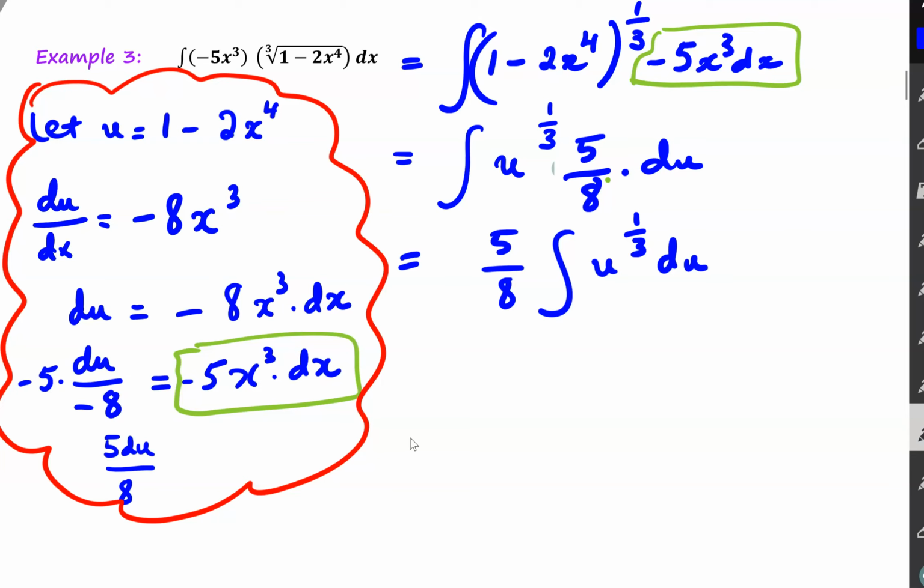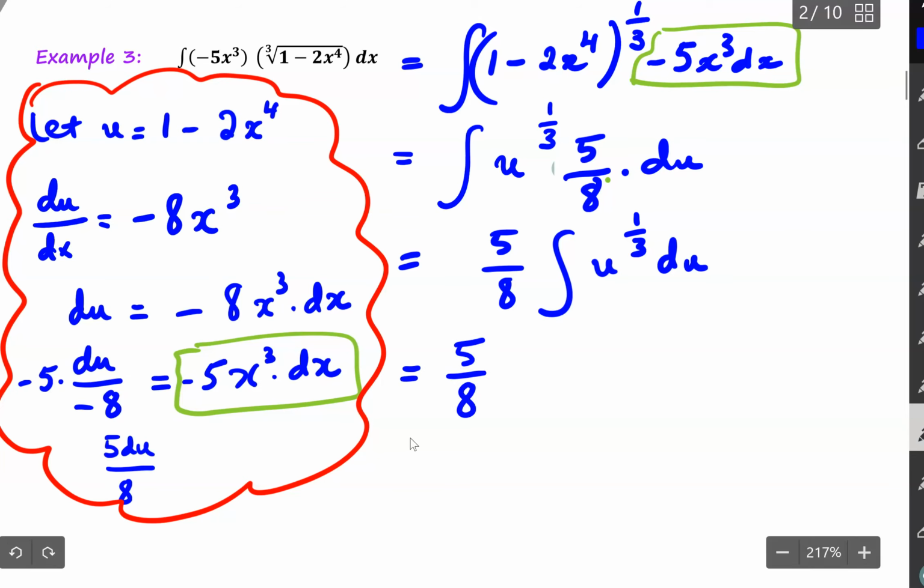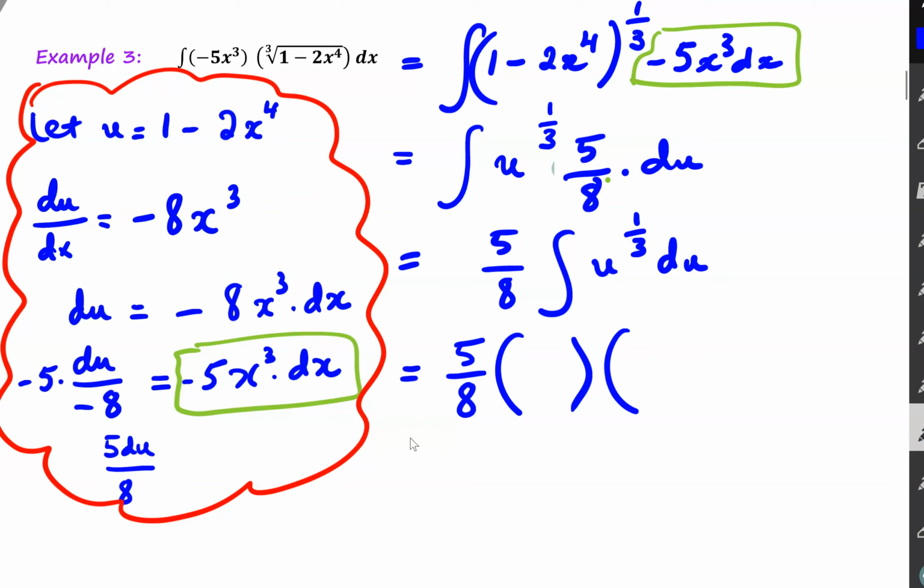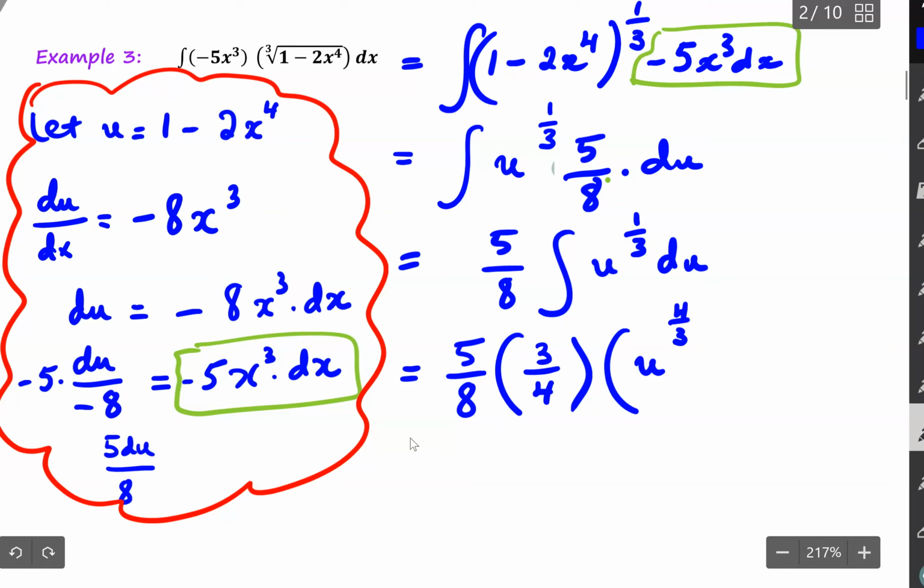So I should have 5 over 8 here, and I will multiply by 1/3 plus 1. 1/3 plus 1 becomes 4/3, so u to the exponent 4/3 means I multiply by 3 over 4, plus c.